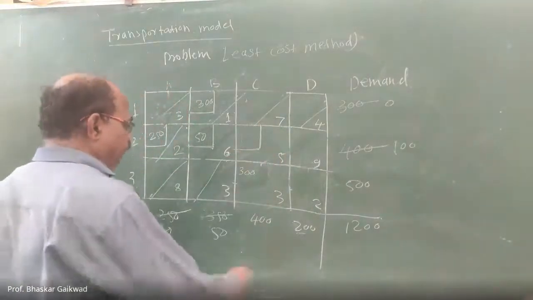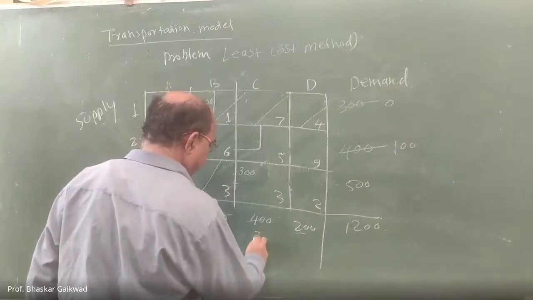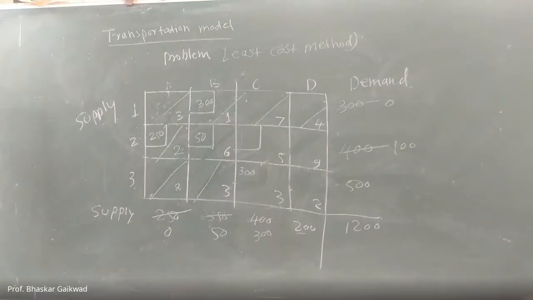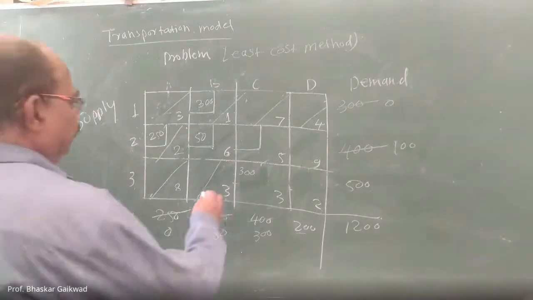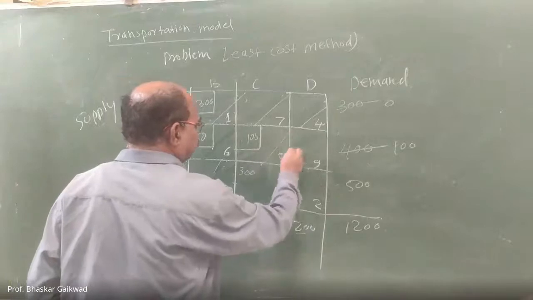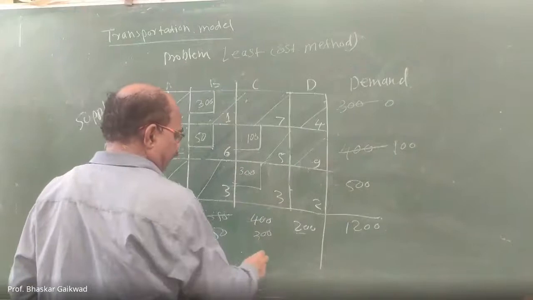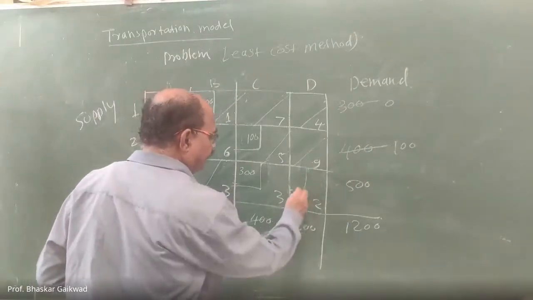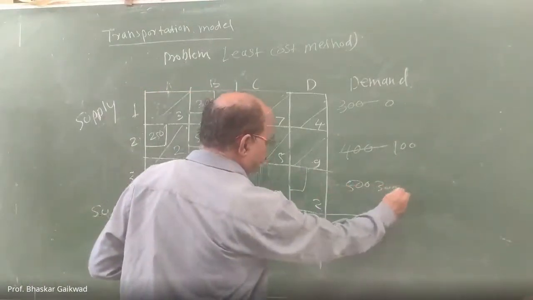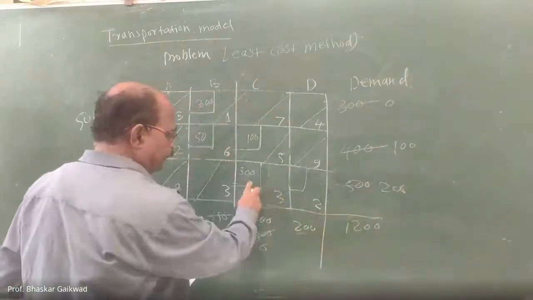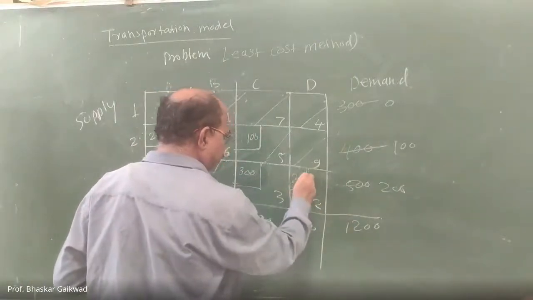So here it is 300. After this, which is the minimum? 300. So this 300 will get cancelled, and after this, 300 has gone, so you can write 200.